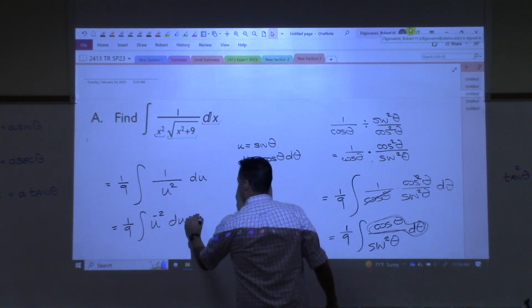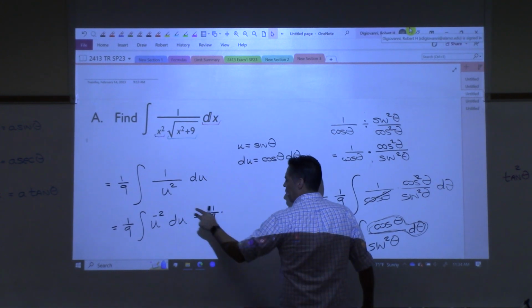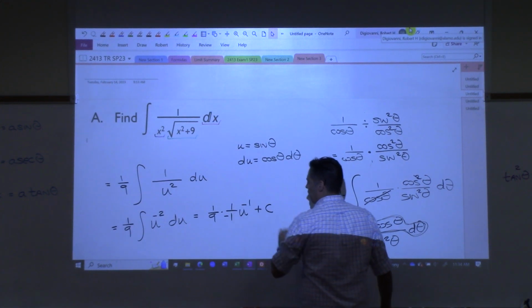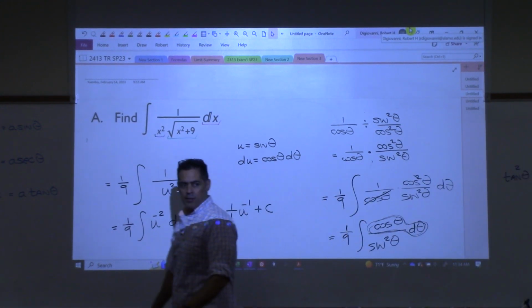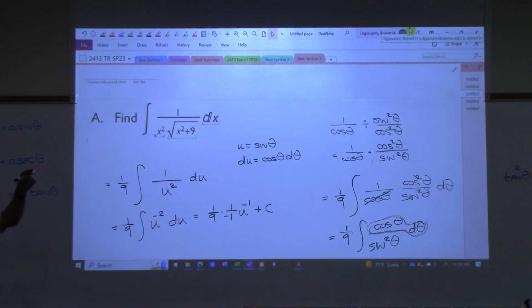So this should turn into, here's the antiderivative, 1/9, I'll just bring it. And then the antiderivative of that should be 1 over negative 1 u to the negative 1 plus c. And that antiderivative: derivative subtracts 1, bring the constant out. Antiderivative, add 1 to the power, and then multiply out front by 1 over n plus 1.